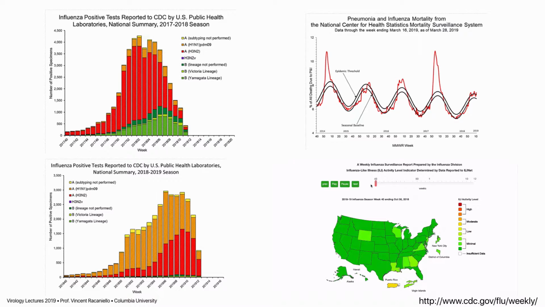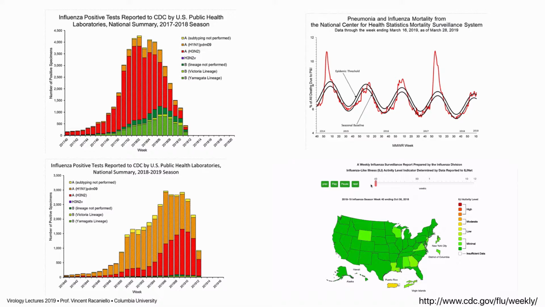A is in red. There are a couple of different subtypes of A, H3N2 and H1N1. And you can see the B is in green. So in 2017-18, the H3N2 predominated. But look at this year. This is this year's season, which of course is not over yet. The H1N1 subtypes are predominating, but the same pattern.